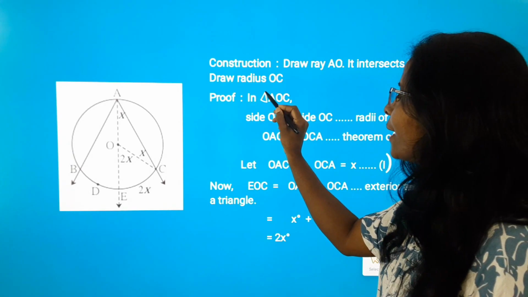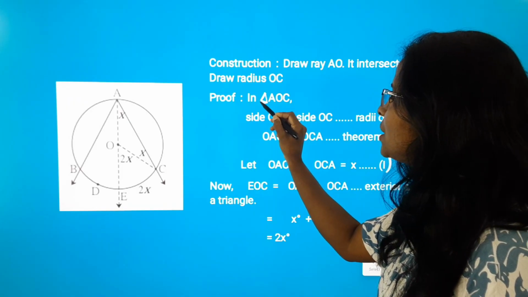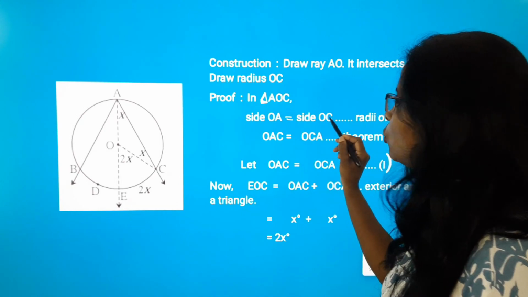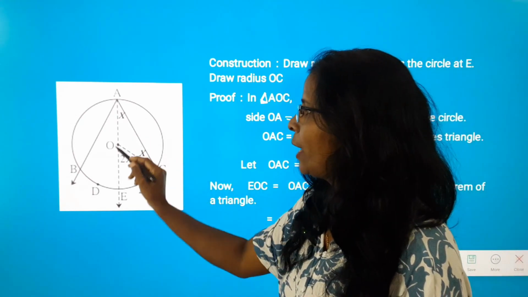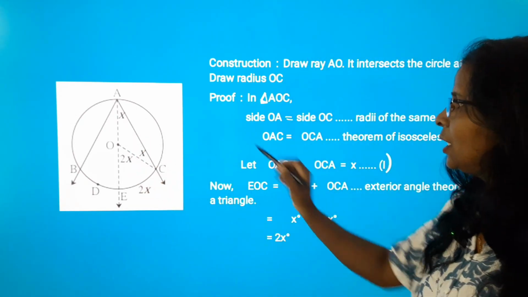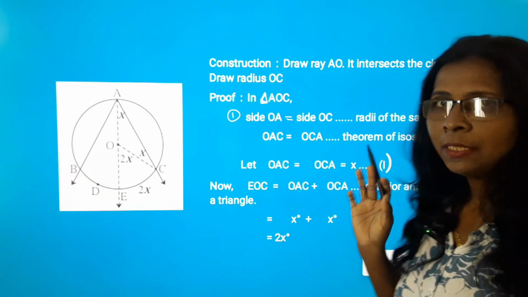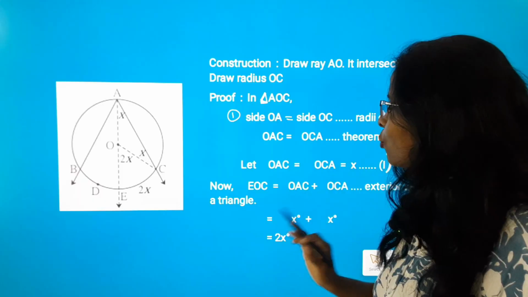In triangle AOC, side OA is equal to side OC. This is the first point, because these are the radii of the same circle, so they are congruent.